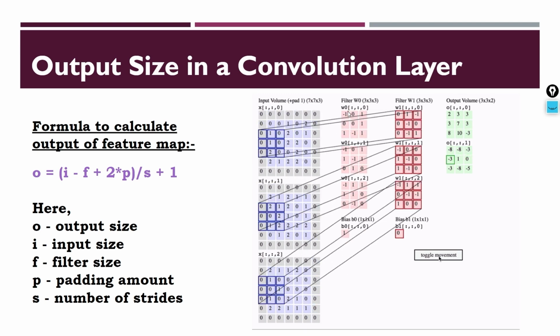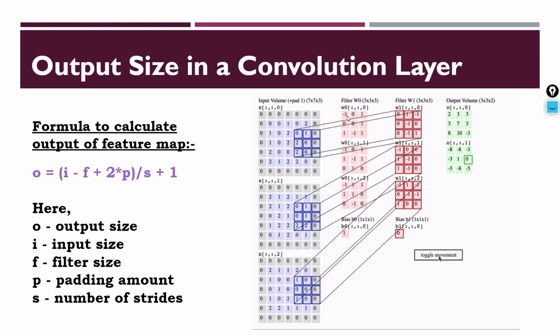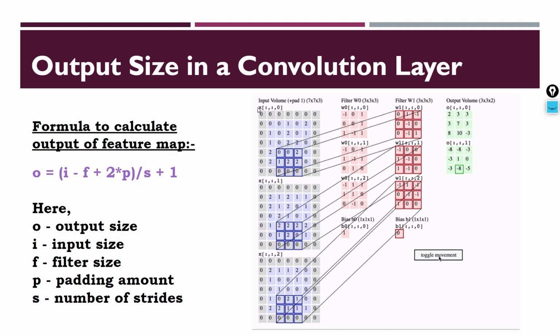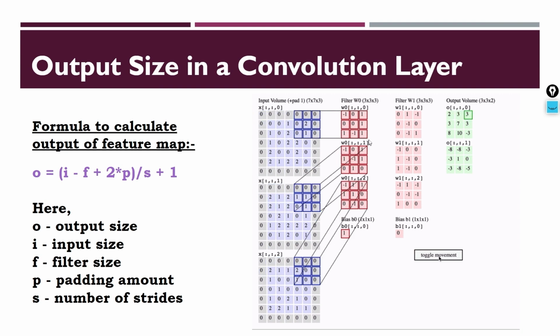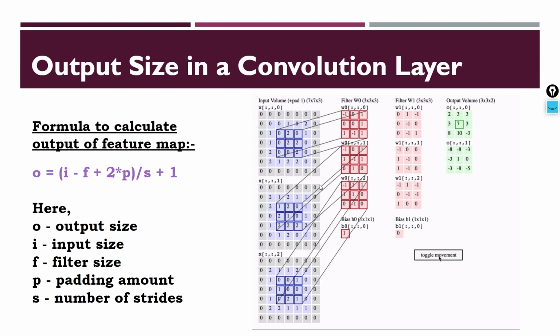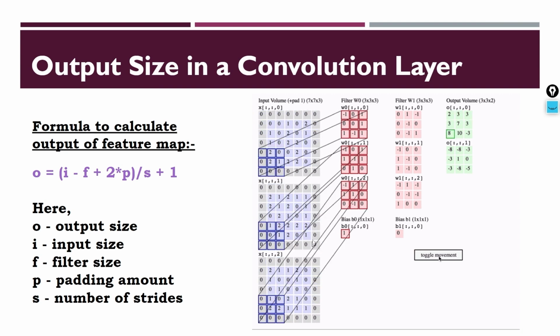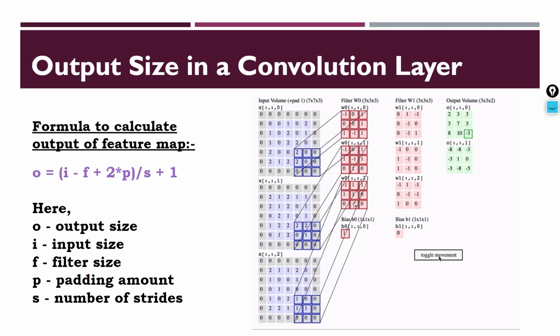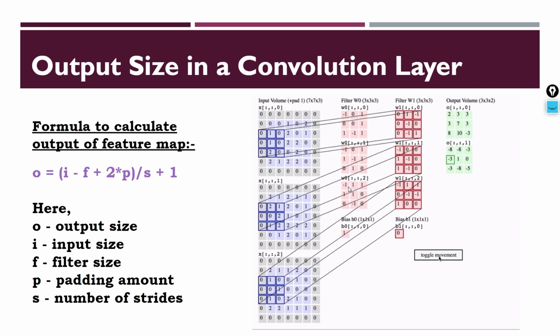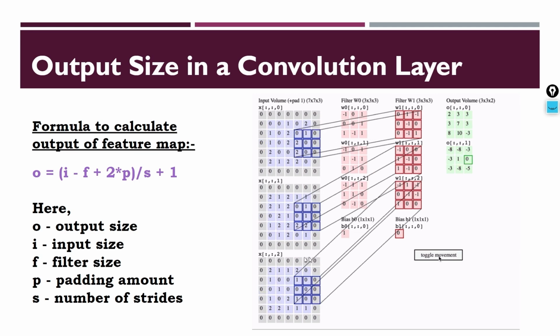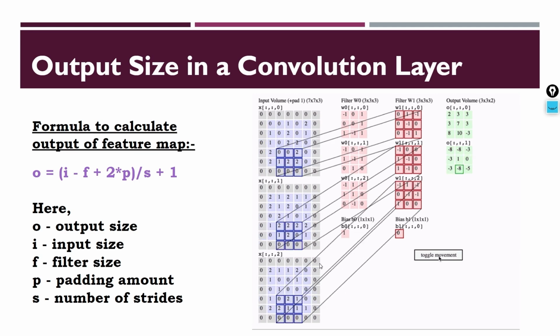That means the first channel of the filter will be convolved with the first channel in the input image. The second channel from the filter will be convolved only with the second channel in your input image. And similarly, the third channel of your filter will be convolved only with the third channel of the input image.